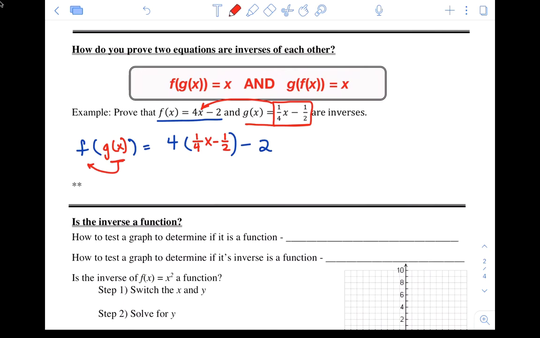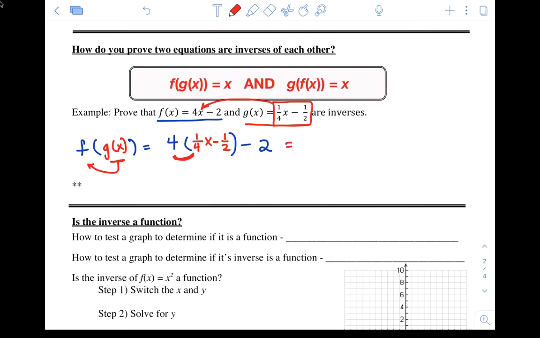If these two functions end up being inverses of each other, you should have a plain x left over when you simplify. So let's see if that happens. Now, just going through basic simplifying skills, I see a parentheses, I see I'm going to distribute that 4. So we're going to start with that. 4 times a fourth x, a fourth of 4 is 1.